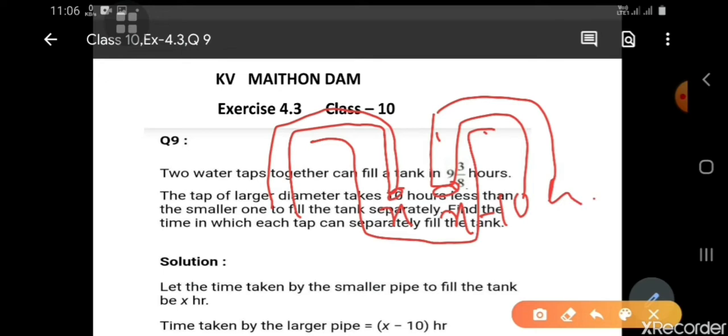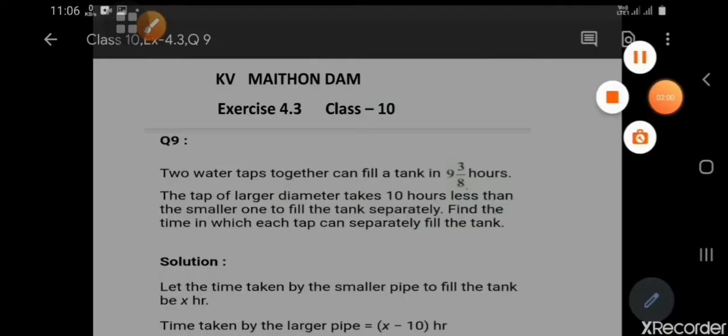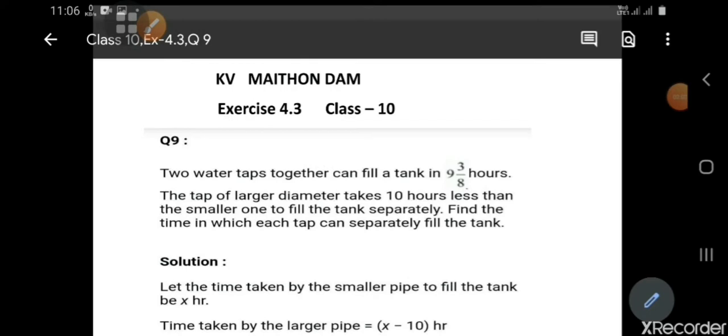And if both the pipes fill together, then it will take 75 by 8 hours. These are the conditions given here. Now we will write these conditions, find the quadratic equation, and then find separately how much time each will take to complete it.